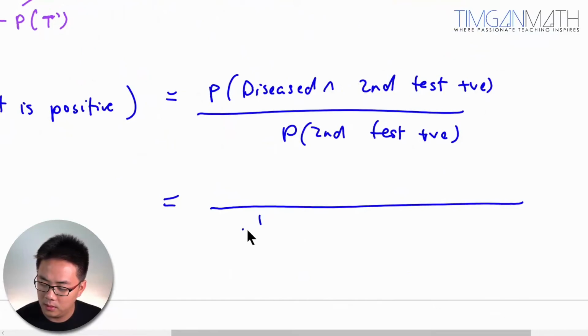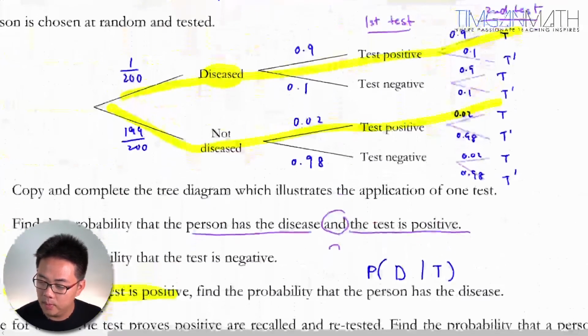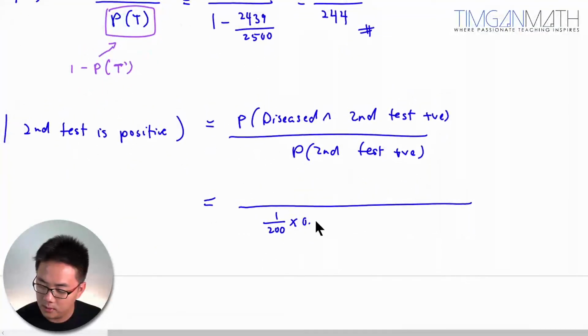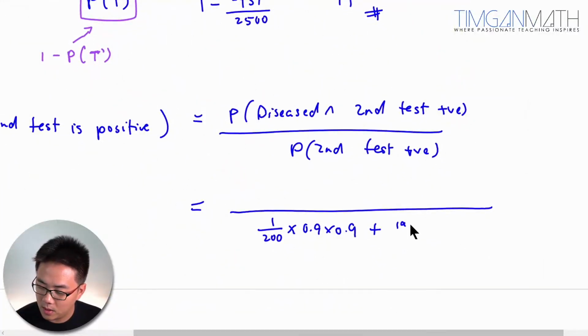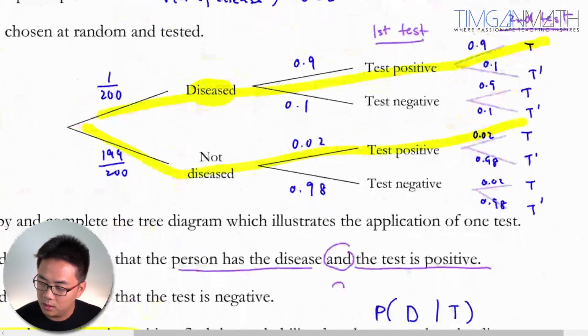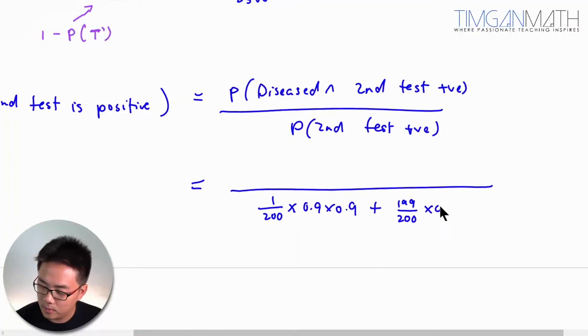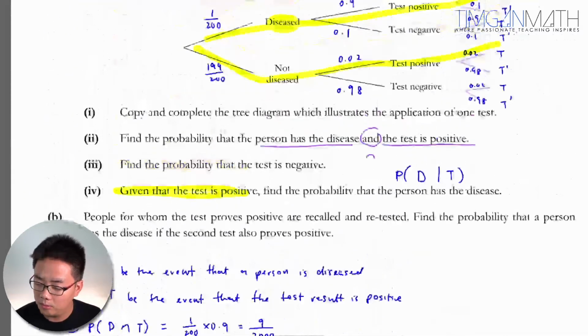So you are looking at 1 over 200 times 0.9 times 0.9, plus 199 over 200 times 0.02 times 0.02.